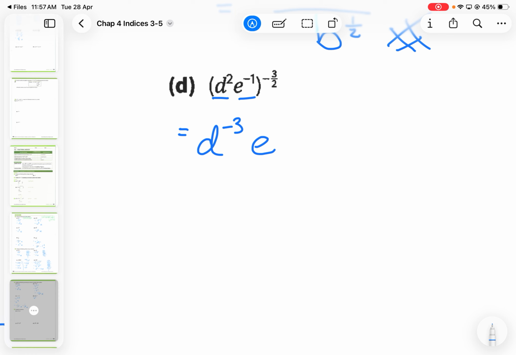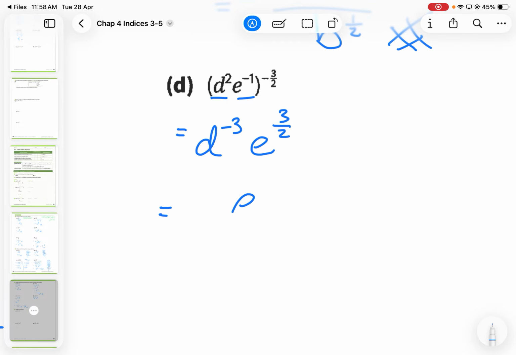Multiply to the e, negative become positive 3/2. Then the d is negative power, the e is positive power. So I don't move my e. E is still the numerator, d go to the denominator.